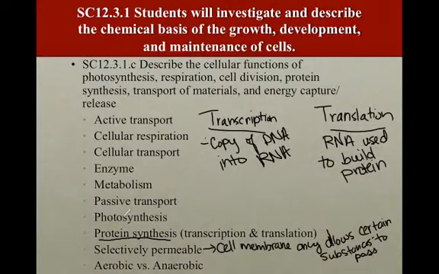And then aerobic versus anaerobic. This is with O2. Anaerobic is without O2. Which one can you make more ATP with? Aerobic, yep.